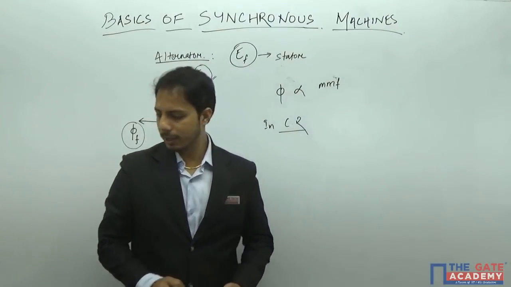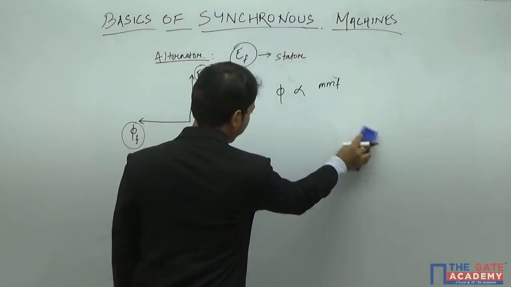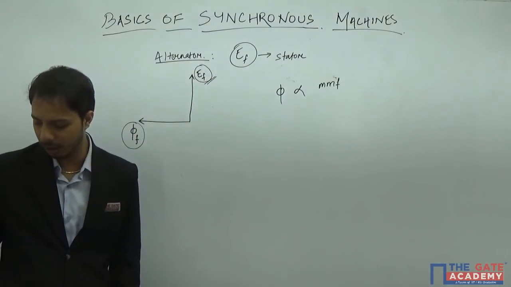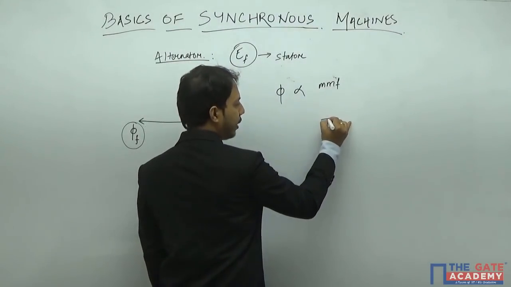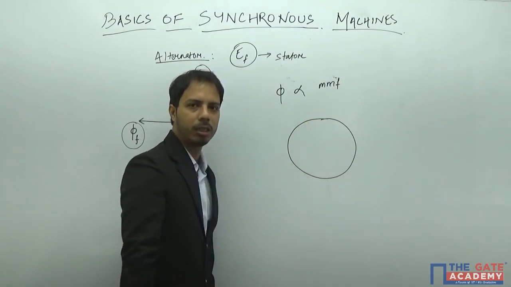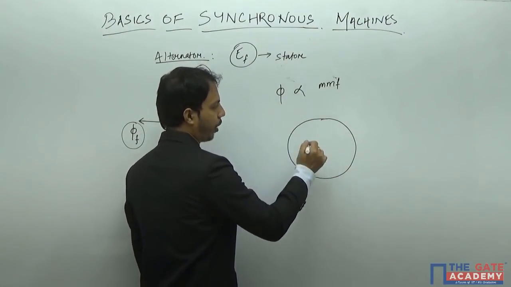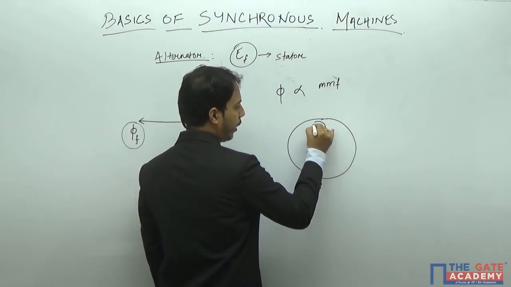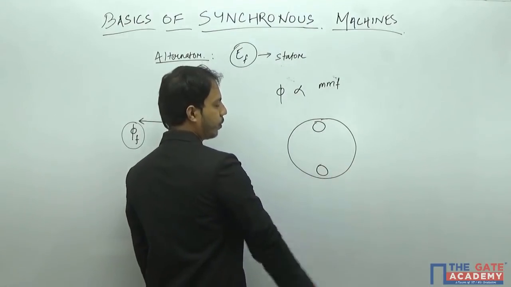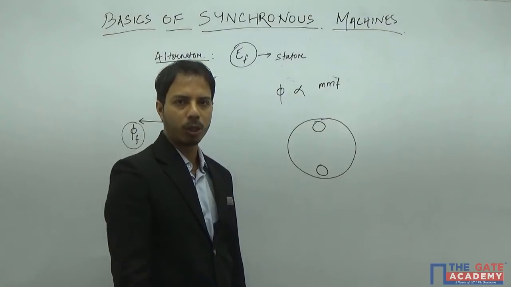Now let us understand the concept of concentrated winding. Suppose this is a cylindrical rotor. Now suppose there are two slots, and I want a two-pole rotor connection.